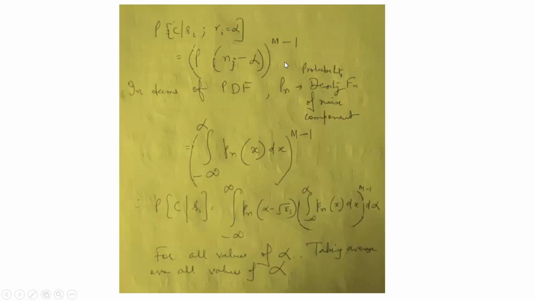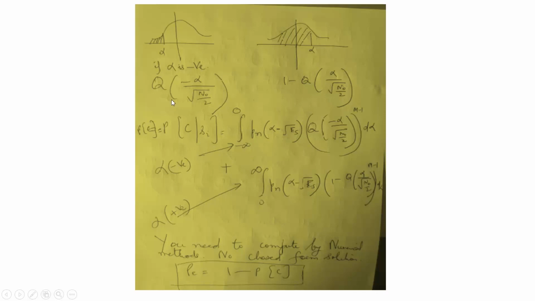Now there are two cases: when alpha is positive and when alpha is negative. When alpha is negative, we know that the probability is given by Q of minus alpha by under root of N0 by 2, and when alpha is positive, it is given by 1 minus Q of alpha by under root of N0 by 2.